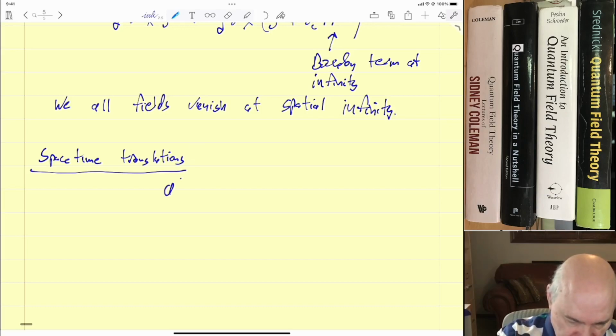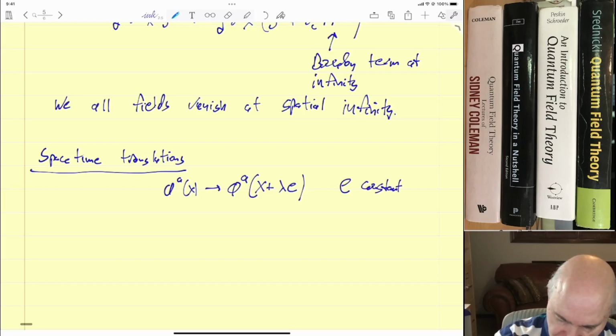So as before in the mechanics case, we have the field goes to phi a of x plus epsilon, and epsilon is a constant 4-vector.